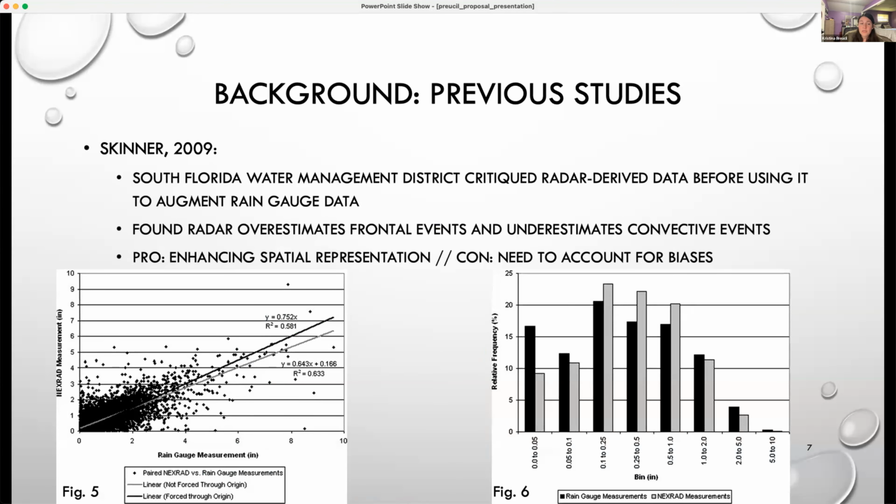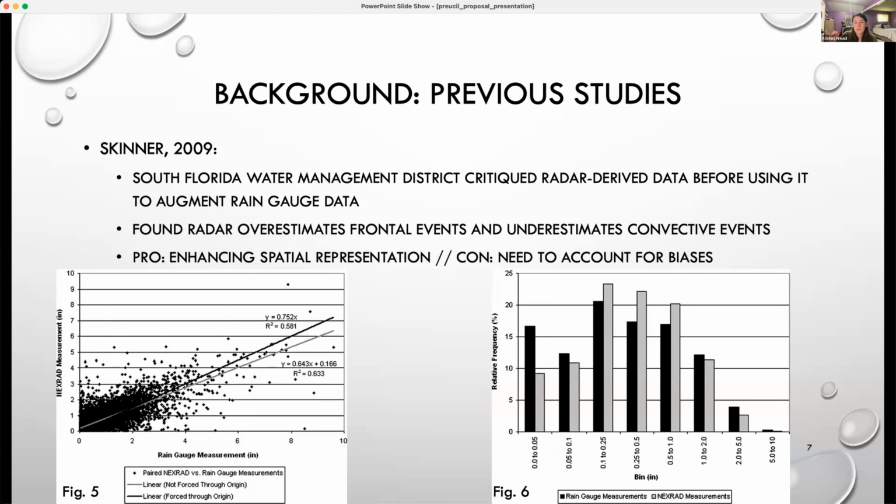The second study I wanted to talk about is from Skinner in 2009, and he was affiliated with the South Florida Water Management District. They had a goal of augmenting their current rain gauge data network using radar-derived data. However, they were finding that radar products held specific biases.